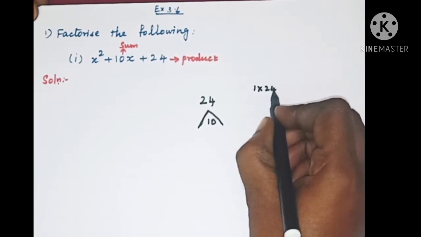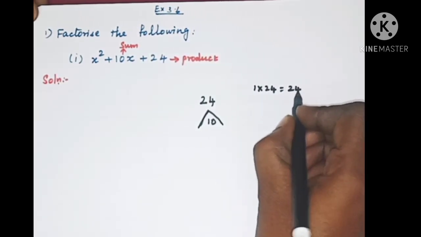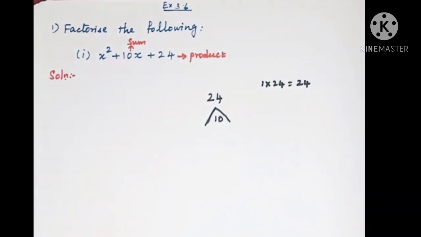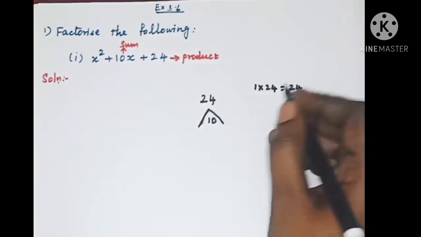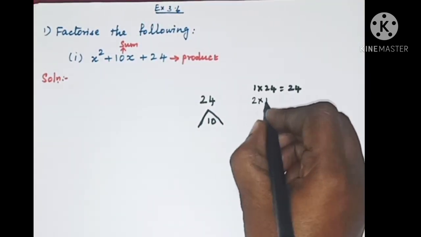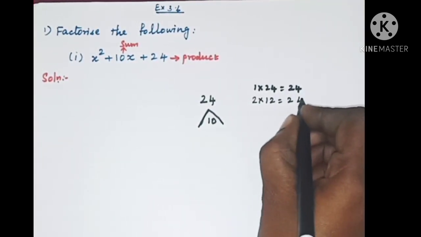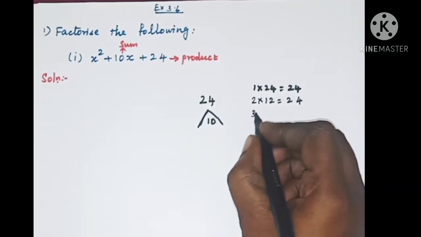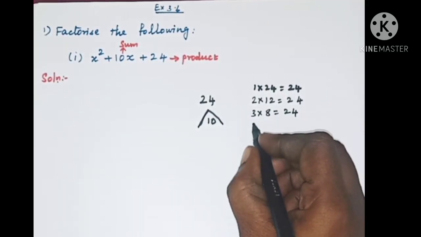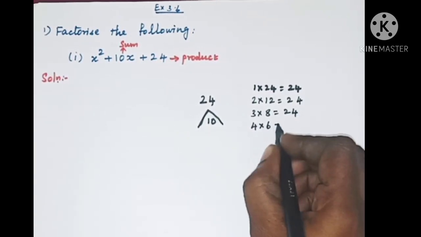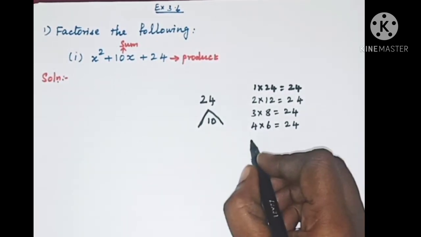Now, 1 into 24 is equal to 24. Next possibility is 2 into 12 is equal to 24. Next possibility is 3 into 8 is equal to 24. Next is 4 into 6 is equal to 24.